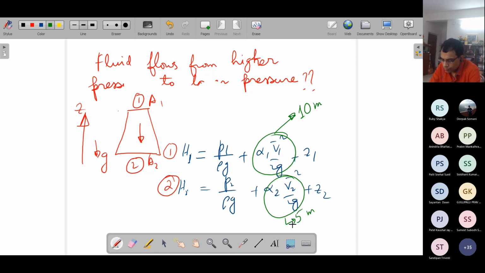Okay. Let us say Z1 is equal to what we say. Maybe this also 10 meter and let us say Z2 is 9 meter. Okay.